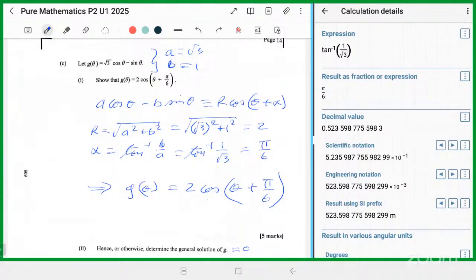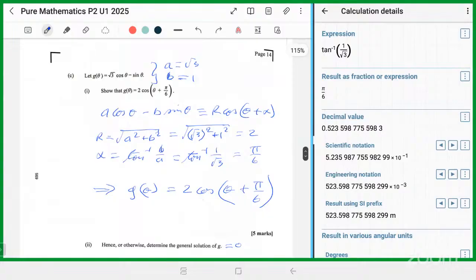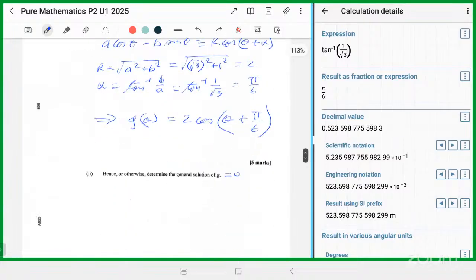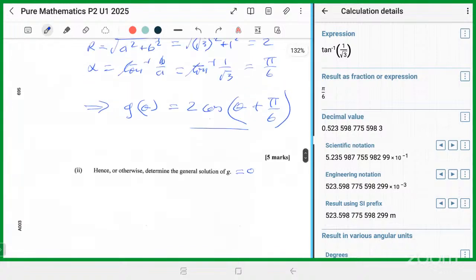Hence would be us using this result. Otherwise would be us using another method by changing it, to see it in more ways. 4 marks.